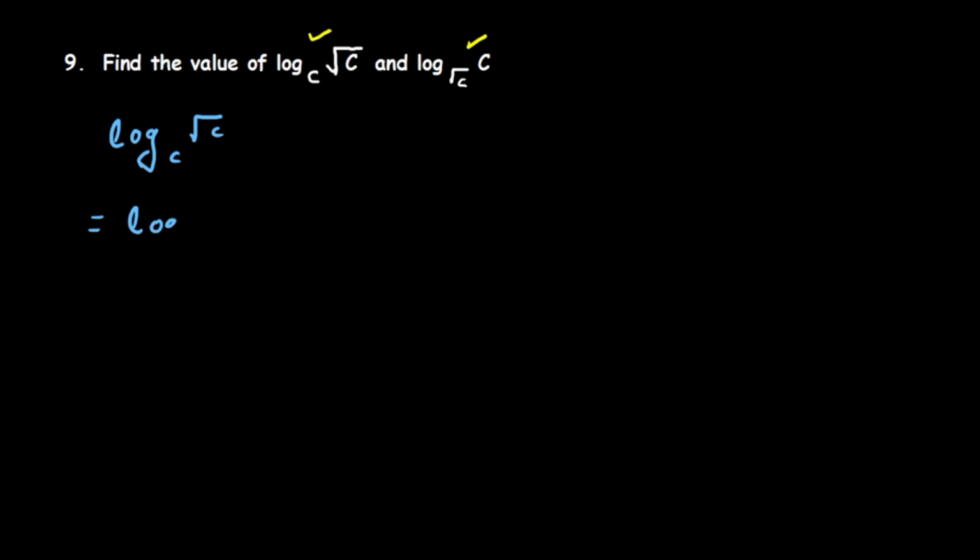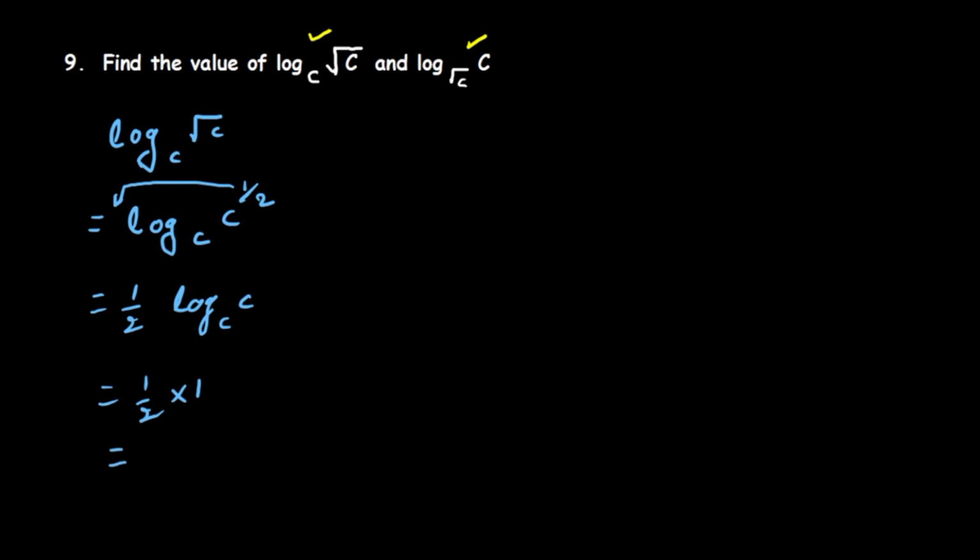Log root c is c to the power of 1 by 2, base c. Now this is in the form of log x power m base a. So this 1 by 2 you will get here, then what you get, 1 by 2 log c base c, correct? So 1 by 2 into log c base c, answer is 1, that equals 1 by 2. So 1 by 2 is the answer for the first one.